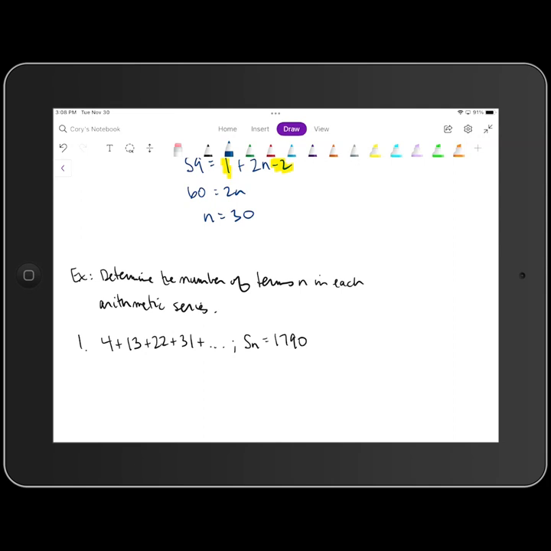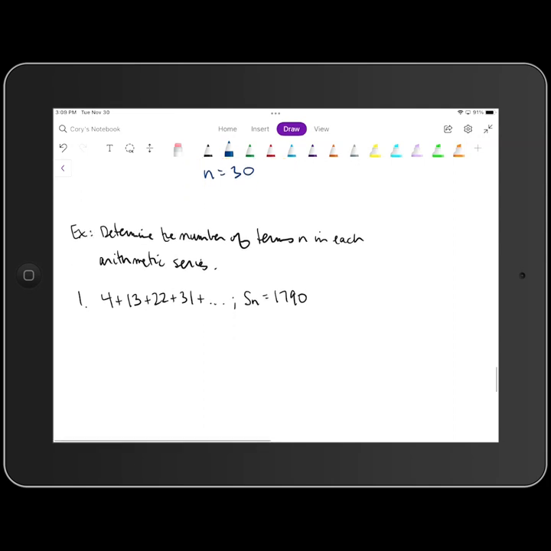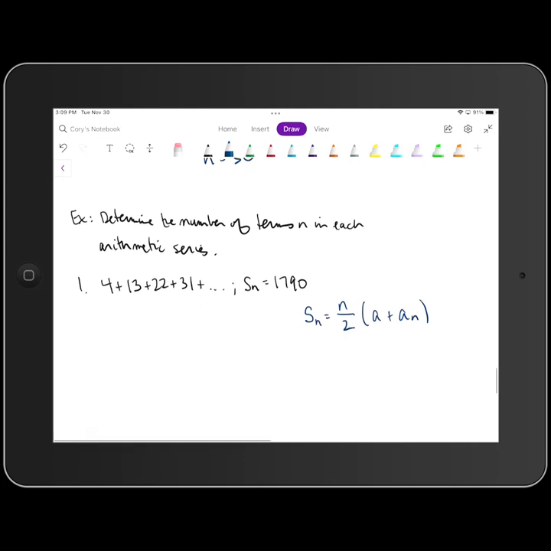Okay, so let's write this down over on the side here. We know s sub n is going to be n over 2 times a plus a sub n. If we think about what we are directly told in this problem, we know the sum s sub n is 1,790.